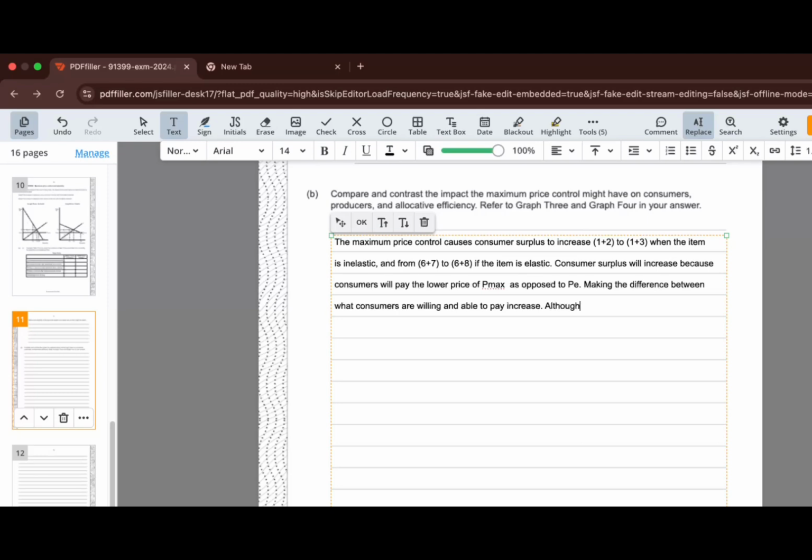So although consumers will lose some surplus, because they are consuming a lower quantity. Because they're consuming a lower quantity, right, guys? And then we'll just put in brackets QS instead of the original QE. Okay. When inelastic.